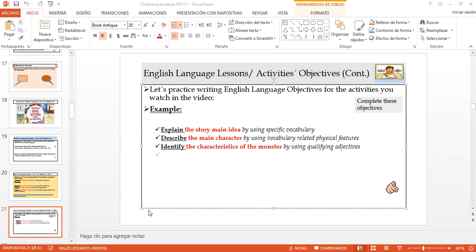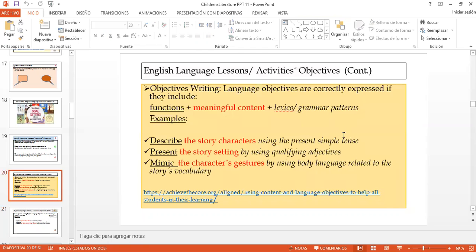Also, remember that when doing the project I was talking about, you will also need to add some of these objectives. So what is the objective you propose for the activities you are going to present there? Whether they will learn specific vocabulary or some grammatical pattern like some verb tense, question forms.